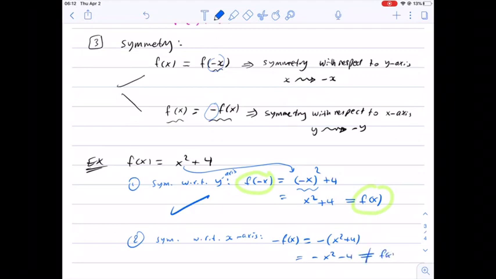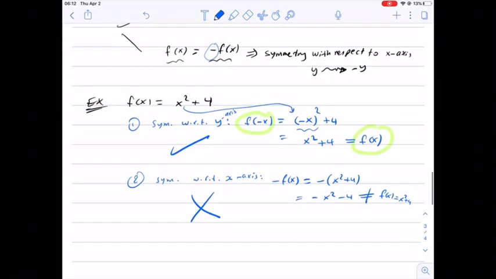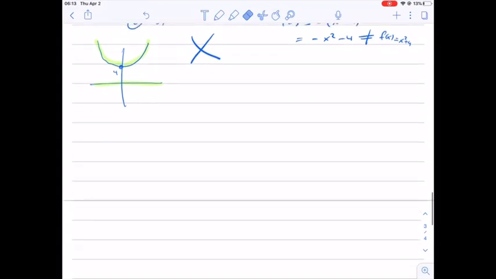That's not equal to the original function f of x equals x squared plus 4. That means no, we don't have symmetry with respect to the x-axis. And by the way, the graph of this function looks like this. As we can see, we have symmetry about the y-axis, but we don't have symmetry about the x-axis.